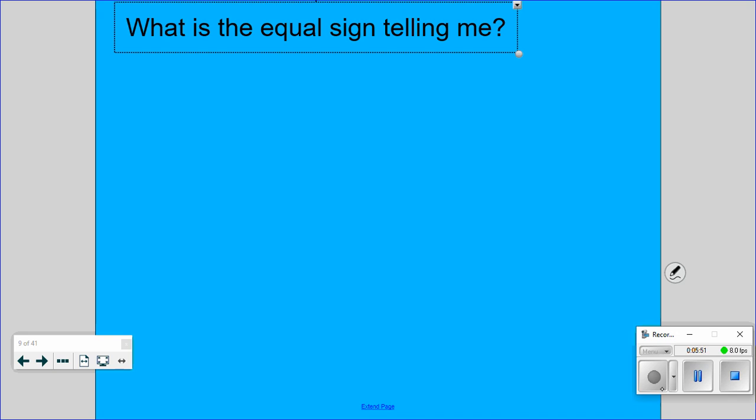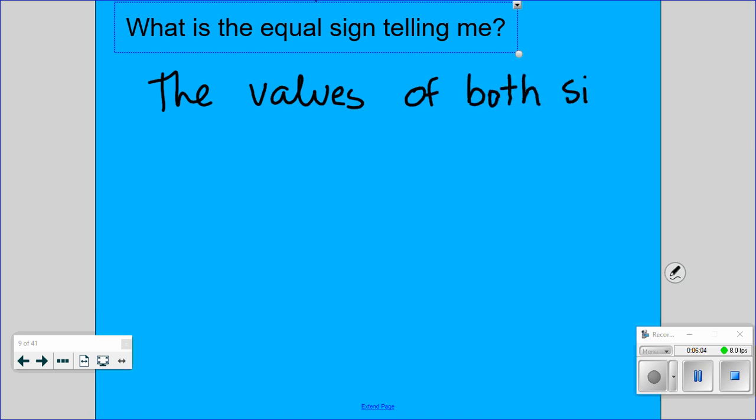That equal sign tells me the values of both sides of, and I'm going to write the equal sign because we know there's usually something on the left side and something on the right side. Both sides of that equal sign are worth the same. They have the same value.